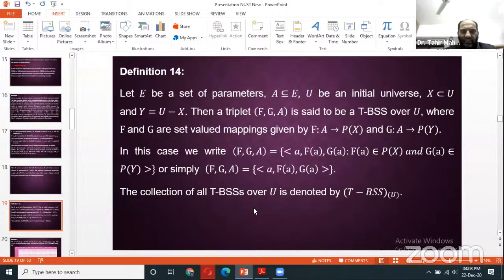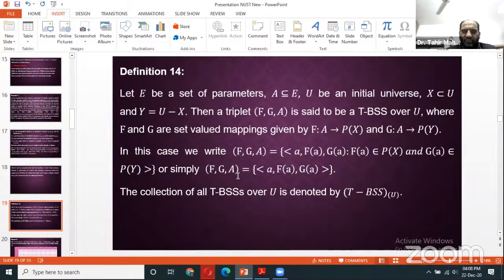Let E be a set of parameters, A be a subset of E, U be an initial universe, and X be a proper subset of U, and Y is the complement of X in U. Then a triplet (F, G, A) is said to be a T-bipolar soft set over U, where F and G are set valued mappings given by F from A to the power set of X and G from A to the power set of Y. In this case, we write (F, G, A) equal to {(a, F(a), G(a))}, where F(a) belongs to P(X) and G(a) belongs to P(Y).